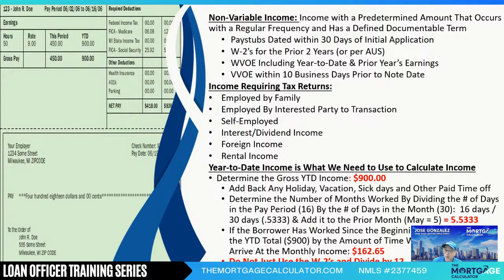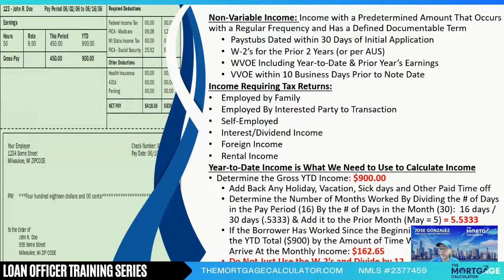If the borrower started working after January 1st, then definitely a written verification of employment is going to be required to confirm when was the actual start date. You're going to see how many months have elapsed from the start date to the current pay period, and that's how you're going to calculate the year-to-date income, right?